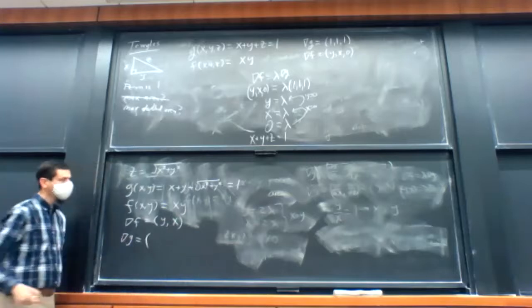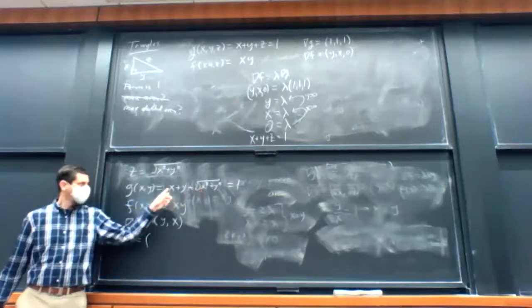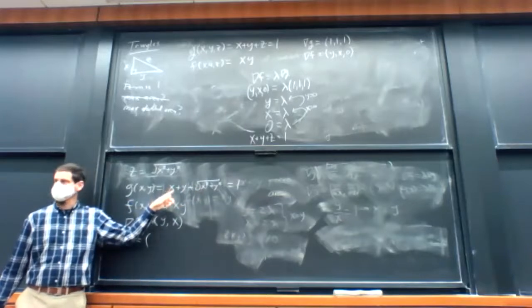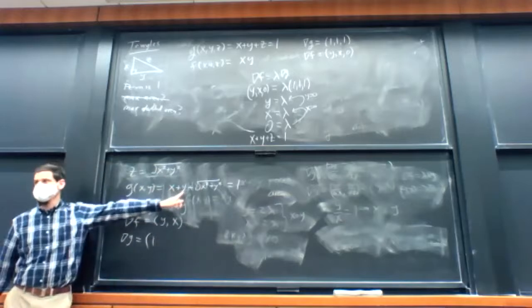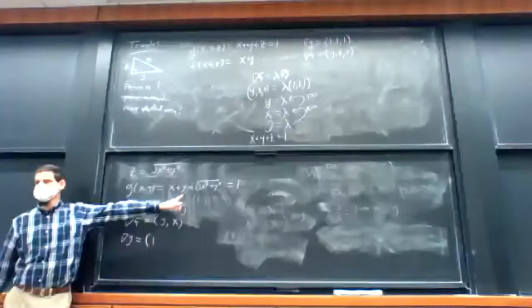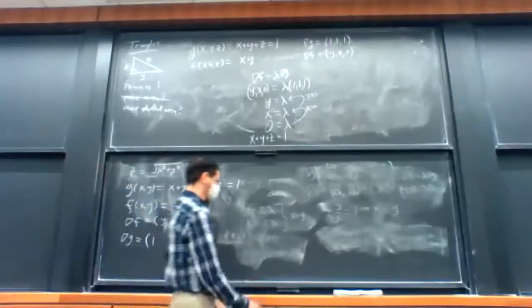Gradient of g is going to be a bit more involved. I take the partial with respect to x. What's the derivative of x with respect to x? 1. What's the derivative of y with respect to x? 0. Now I have the derivative of the square root of x squared plus y squared.